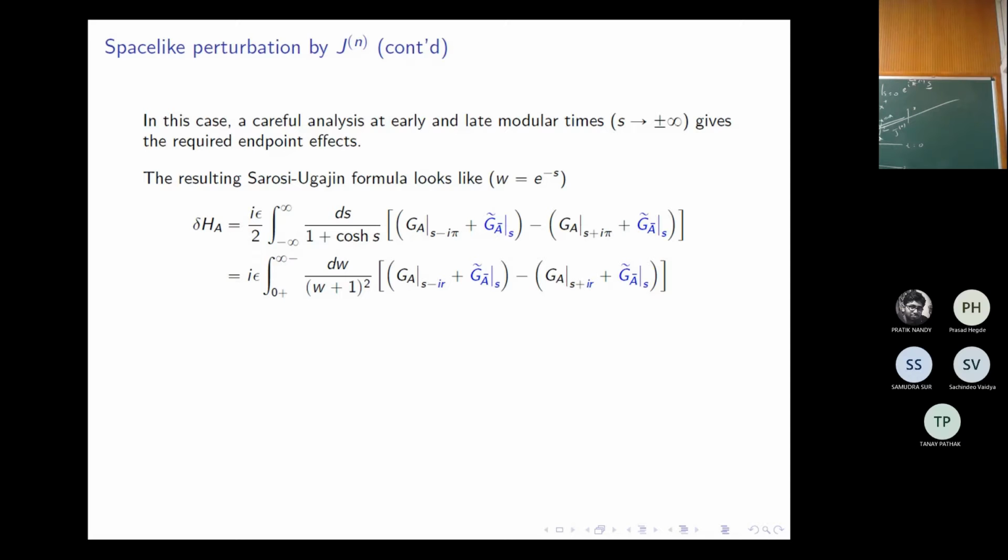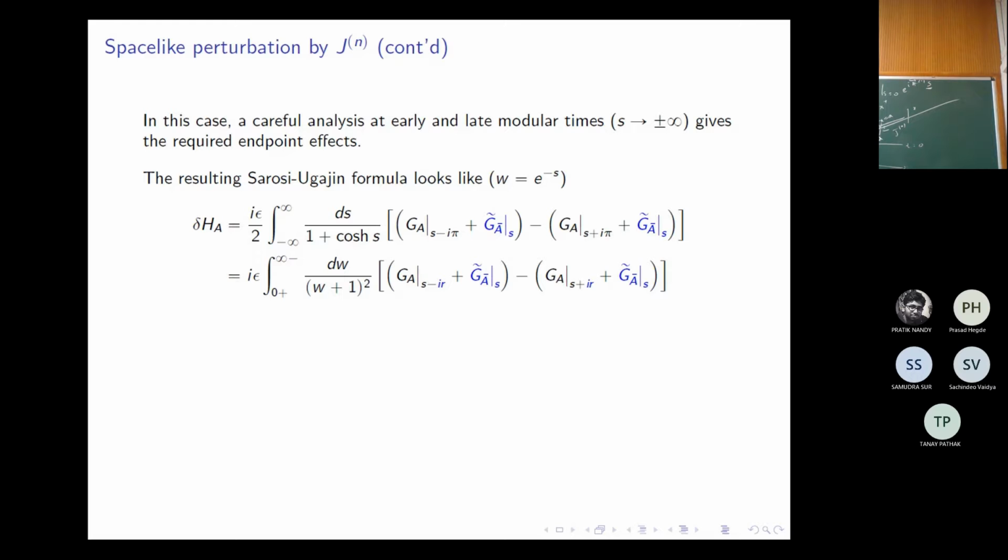Now, some comments is that these two pieces seem to be canceling out. But you would see that if you actually cancel it out and write it as G A at S minus I pi minus G A at S plus I pi, forgetting about these two pieces, then this integral is not well behaved at S going to plus infinity and S going to minus infinity.